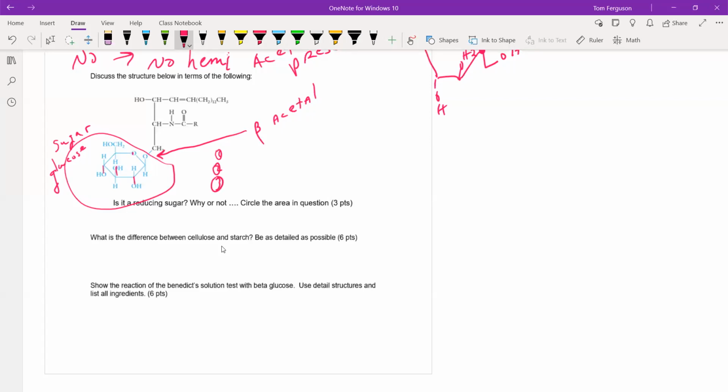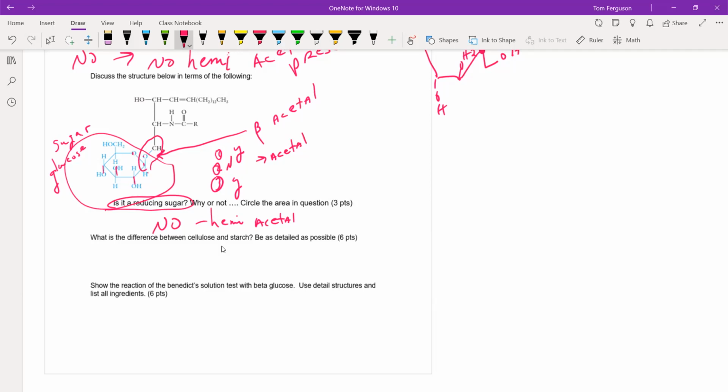So we have OCO, we have no OH, and we have an H. So that is an acetal. Is it a reducing sugar? No. No hemiacetal. And we circle it, it would be right here.